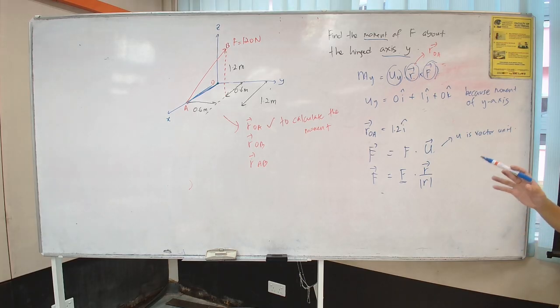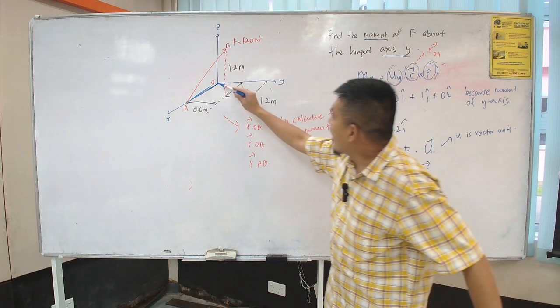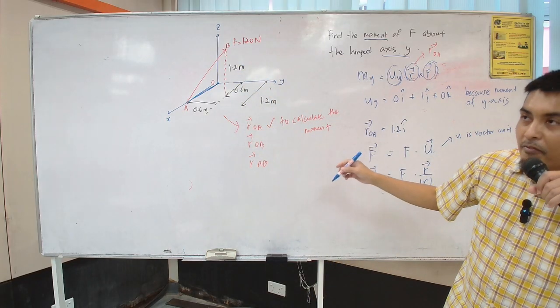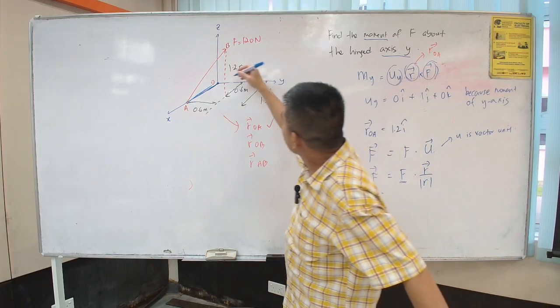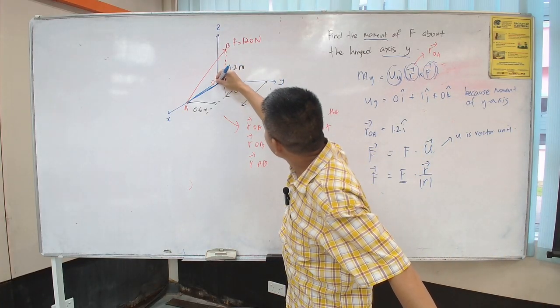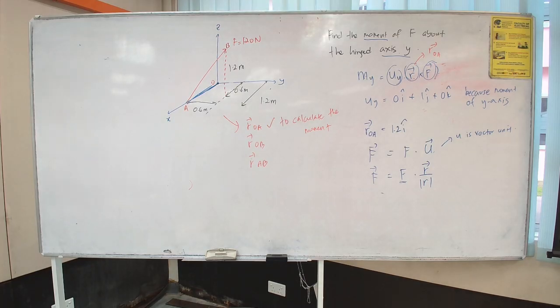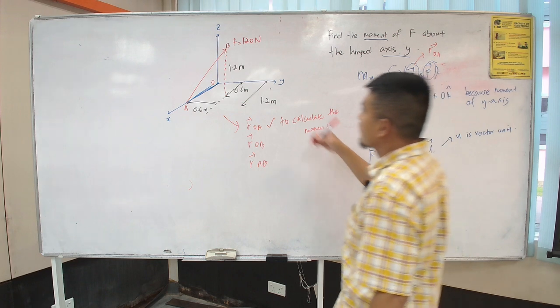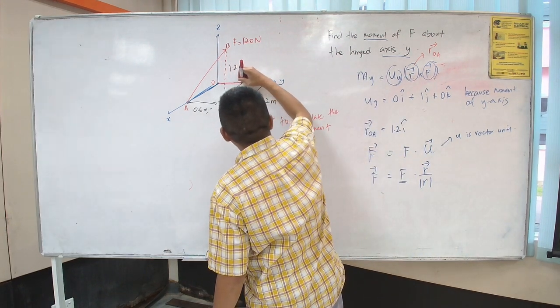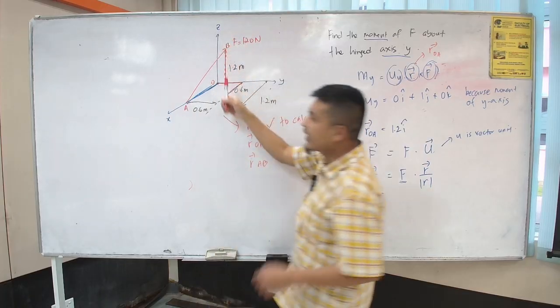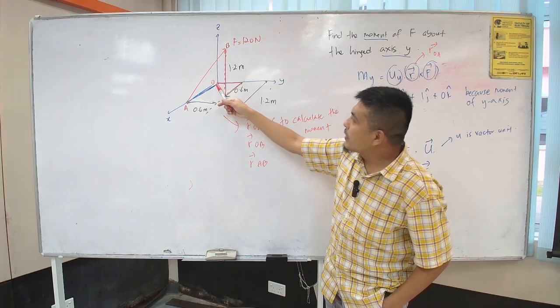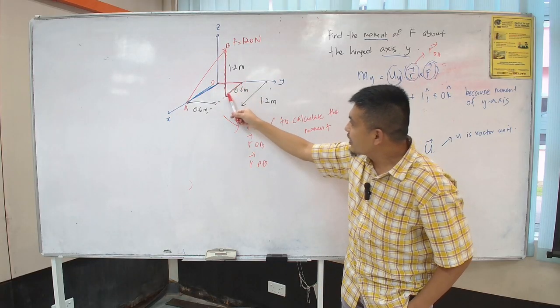So you cannot use ROB because this is the direction for the ROB, from O to this one, to this one, to this one.